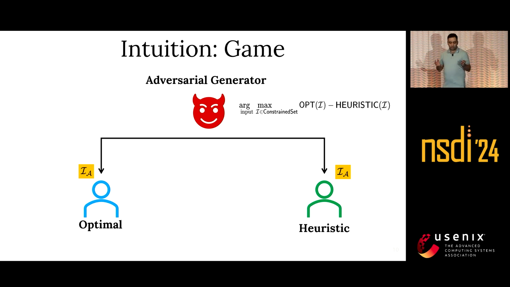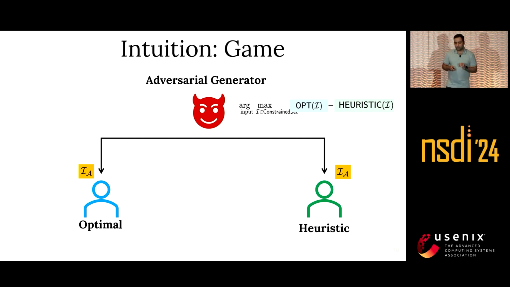They can just try to find the best solution to these inputs. And these solutions, in turn, control the objective of the adversarial generator. So you can already see that we have here 2 levels of authorities: an adversarial generator that controls the inputs, and optimal and heuristic that control the objective of the adversarial generator.